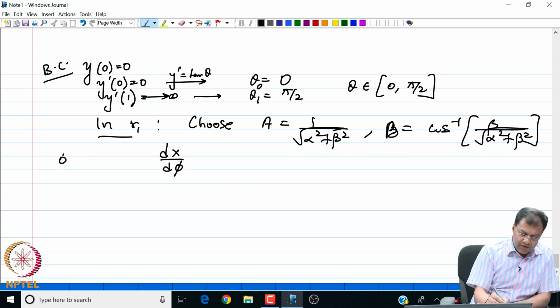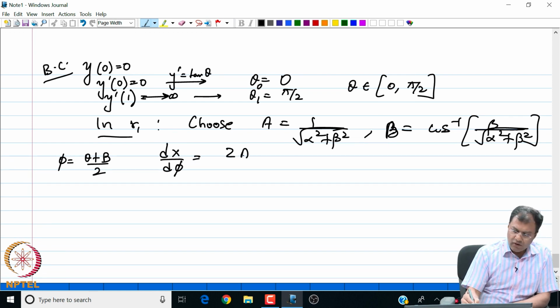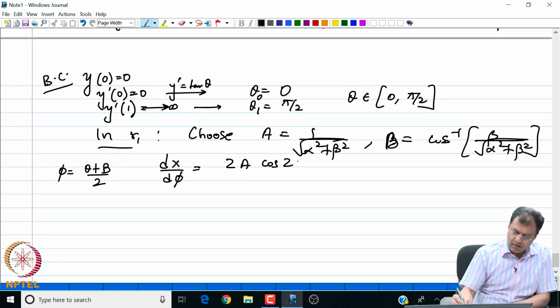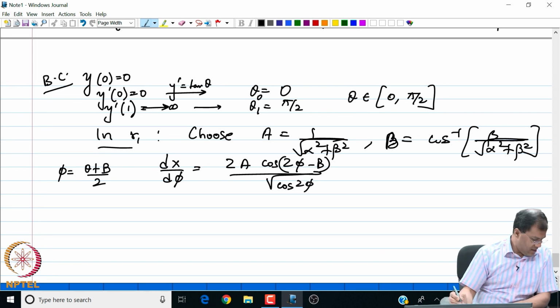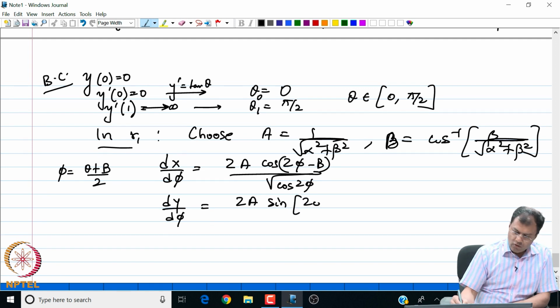I am using another variable phi to be theta plus b by 2, and my new set of equations are as follows: dx d phi is equal to 2a cos 2 phi minus b divided by square root of cos 2 phi, and my second equation is dy d phi is equal to 2a sin 2 phi minus b divided by square root of sin 2 phi.